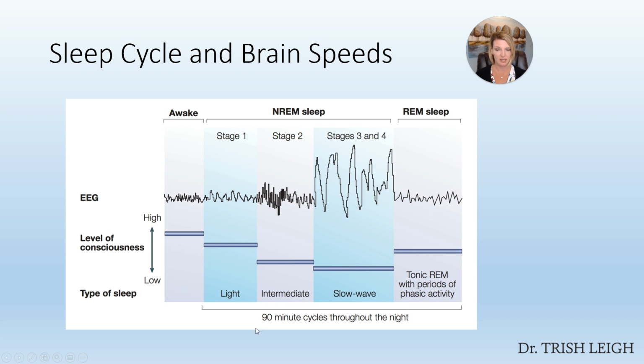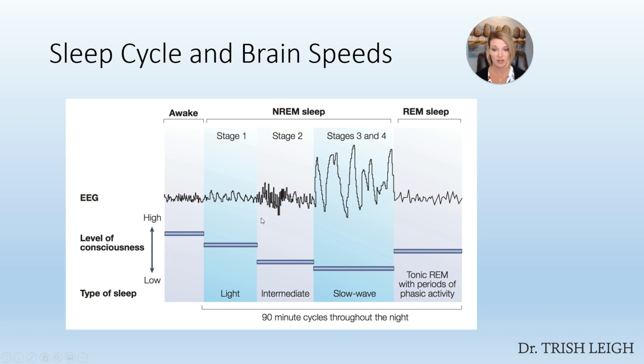And so basically, if a person is using too much high beta and not enough alpha, as they move into this cycle, their brain won't be able to slow down enough to be able to move into theta well, create the sleep spindles well, move into delta and stay there, and then be able to get into REM.